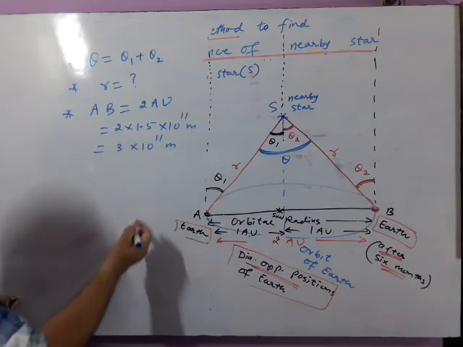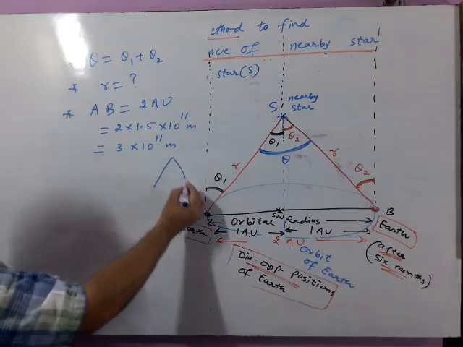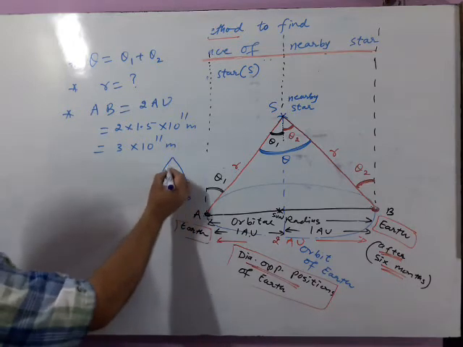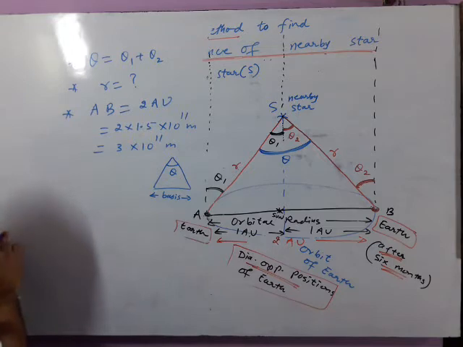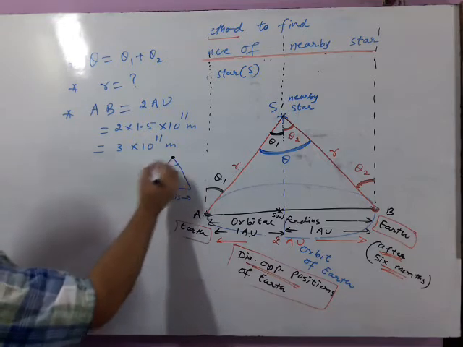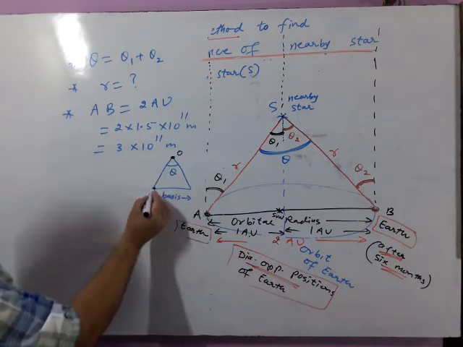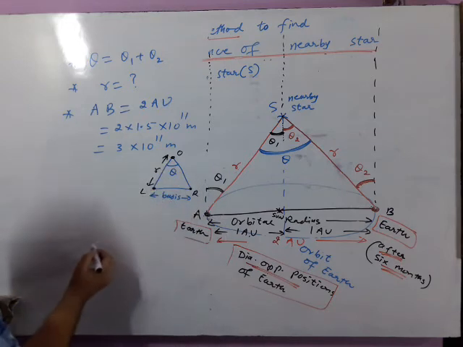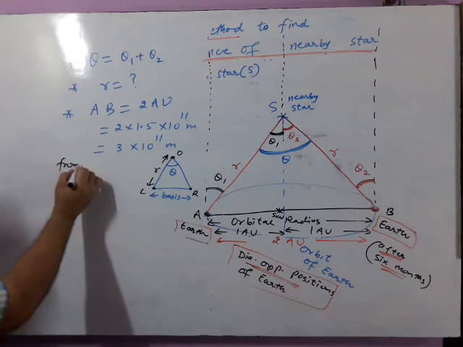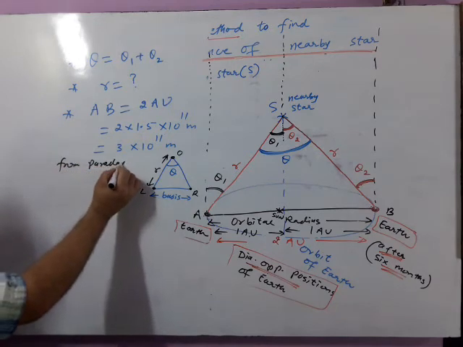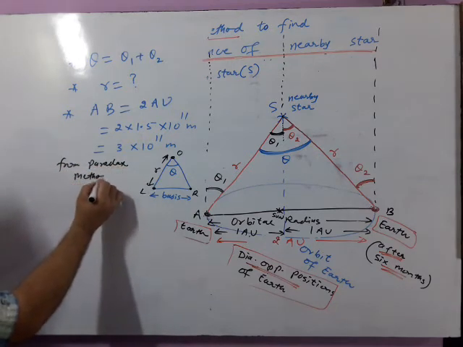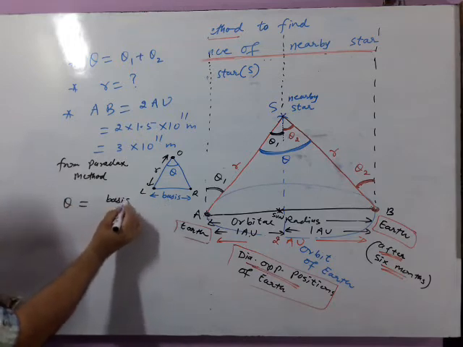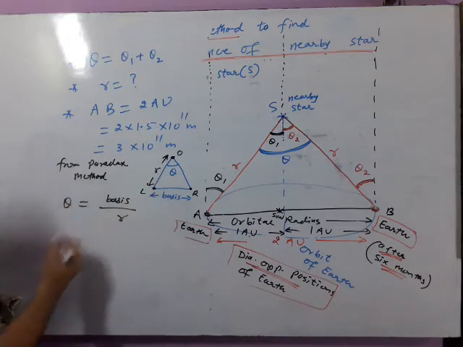You know the parallax method. What is the parallax method? We call this line the basis. This is the parallactic angle. This is some object. This was our left eye, right eye, and this is some distance r. So you will say from the parallax method, this parallactic angle is basis upon this r.